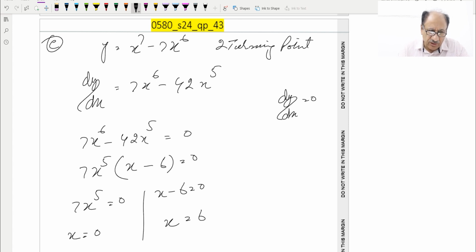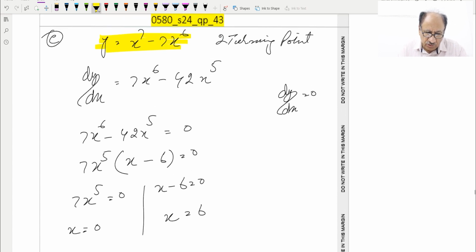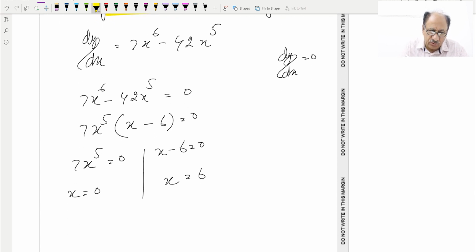Now the x value is 0, and we take this equation, and if we replace x with 0, y will also be equal to 0. So our answer, in the location provided, is 0, 0 as one answer.